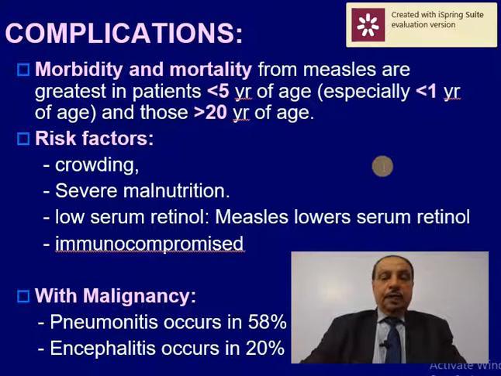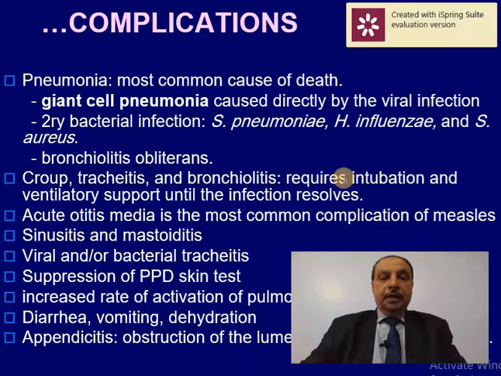So take care for the viral infectious diseases, especially measles, to take vitamin A. Immunocompromise is a very, very important risk factor because usually the measles is very severe and can cause pneumonia or encephalitis. Again, in malignancy, pneumonitis occurs in 58% of cases, and encephalitis in about 20% of the cases.